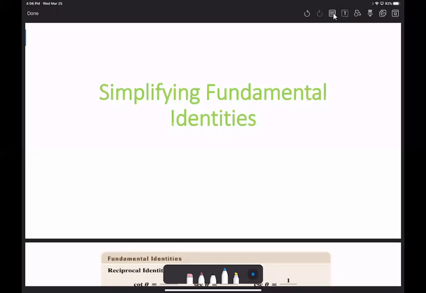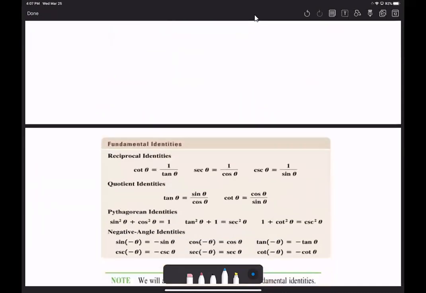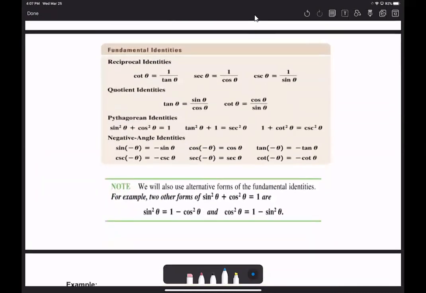Hello, class. In this lesson we are going to simplify identities using our fundamental identities here in this next slide.